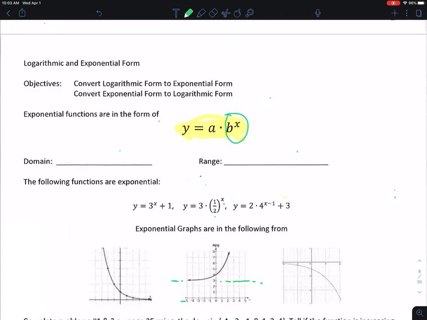When you have a constant, b is a constant, and x is going to be your variable.